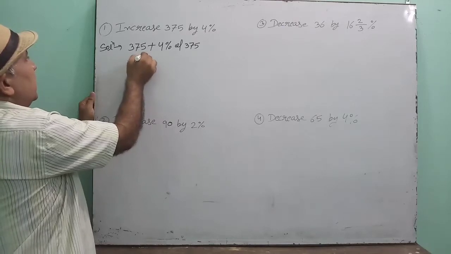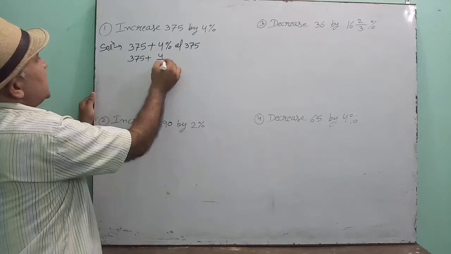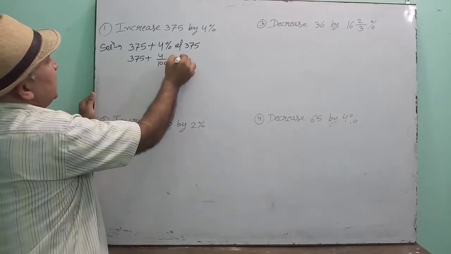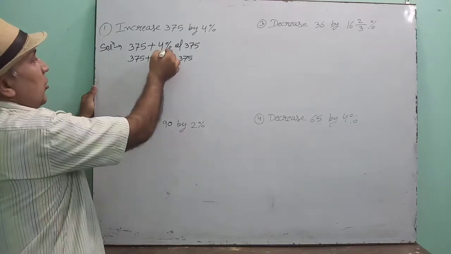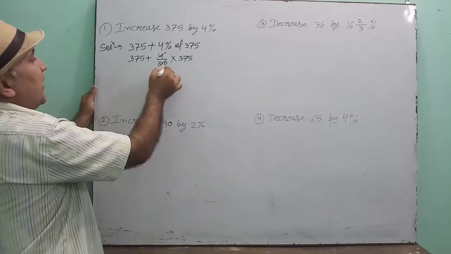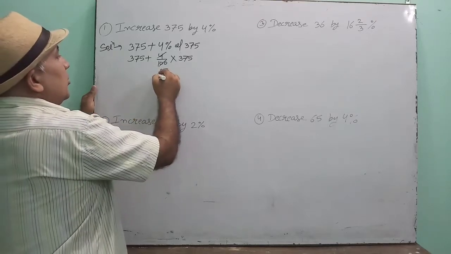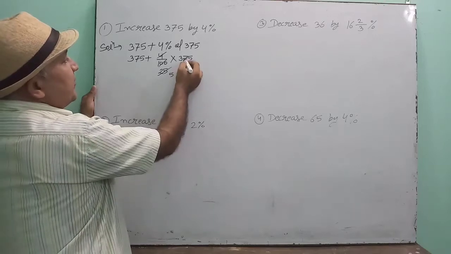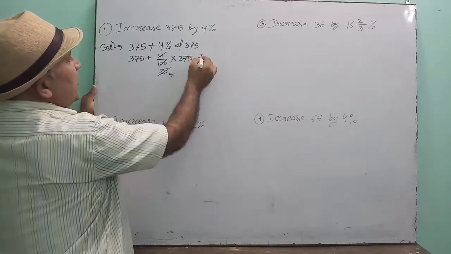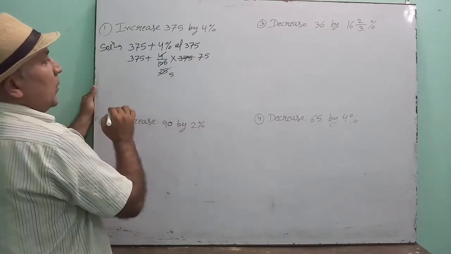Now solve it. 375 plus 4% means 4 upon 100 of, and "of" means multiply, into 375. 4 can divide 100 by 25 times. 5 dividing 25 by 5 times. 5 dividing 375: 5 into 7 is 35, 5 into 5 is 25.